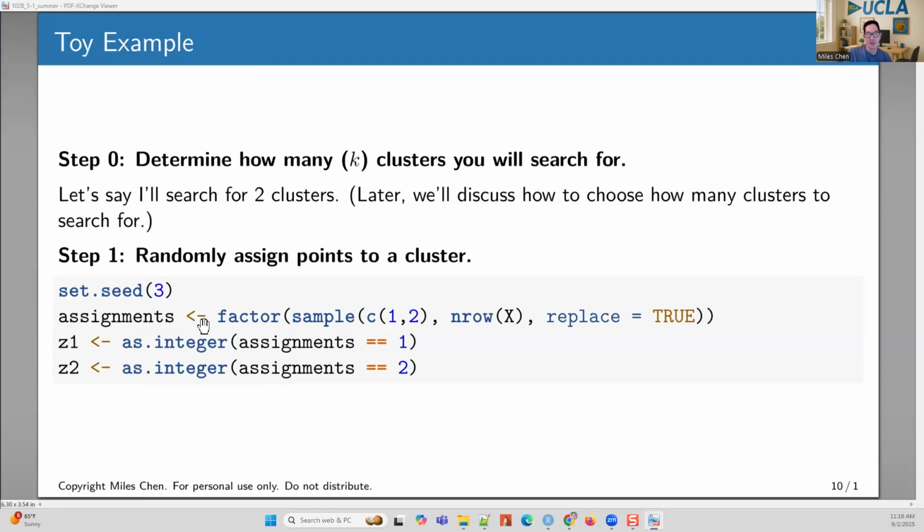We're going to randomly assign points to cluster one and cluster two. So I'm just going to randomly sample 1 or 2 and make those clusters, and then I'll make a column of z's, which will be either zeros or ones. We take assignments equal to 1: if it's true, it's going to be a 1; if it's false, it's going to be 0.